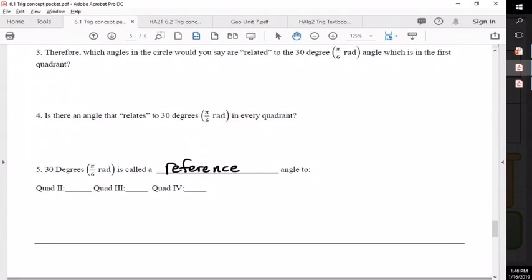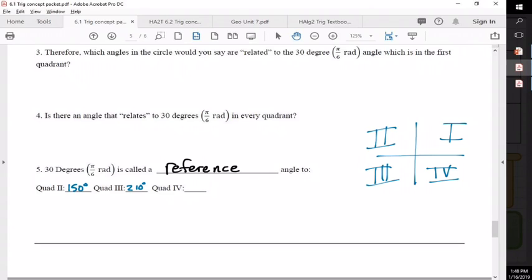So for the reference angle, 30 degrees, what is the angle in the second quadrant that has a reference angle of 30 degrees? And y'all would say 150 degrees. If you're in quadrant 3, okay, you guys remember quadrants? This is quadrant 1, this is quadrant 2, this is quadrant 3, this is quadrant 4. Okay, in quadrant 3, what would be the angle measure? 210.